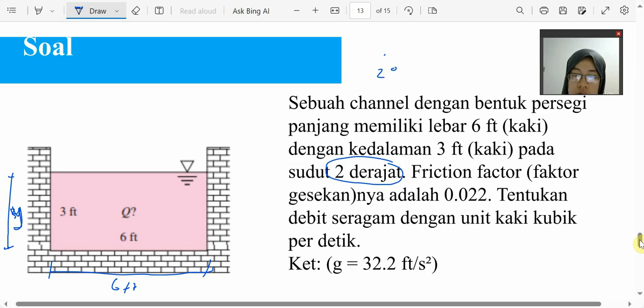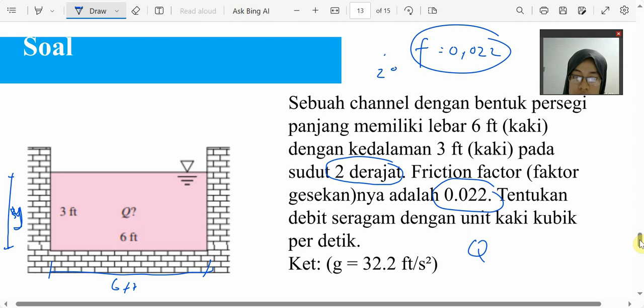And the friction factor is 0.022. We use the friction factor here. And they want us to calculate the discharge. We also get the g here.